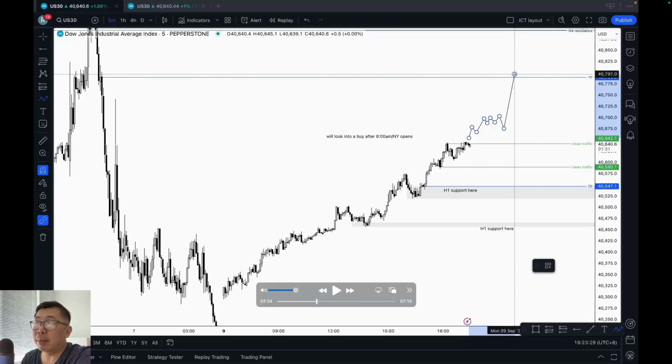That was what was in my mind. It looks like it's going to break this resistance, or 5 minutes resistance anyway, even before the 8 a.m. And if it does, I will look into a fresh resistance made after the 8 a.m. and then take a support, and the fresh support as my stop loss.